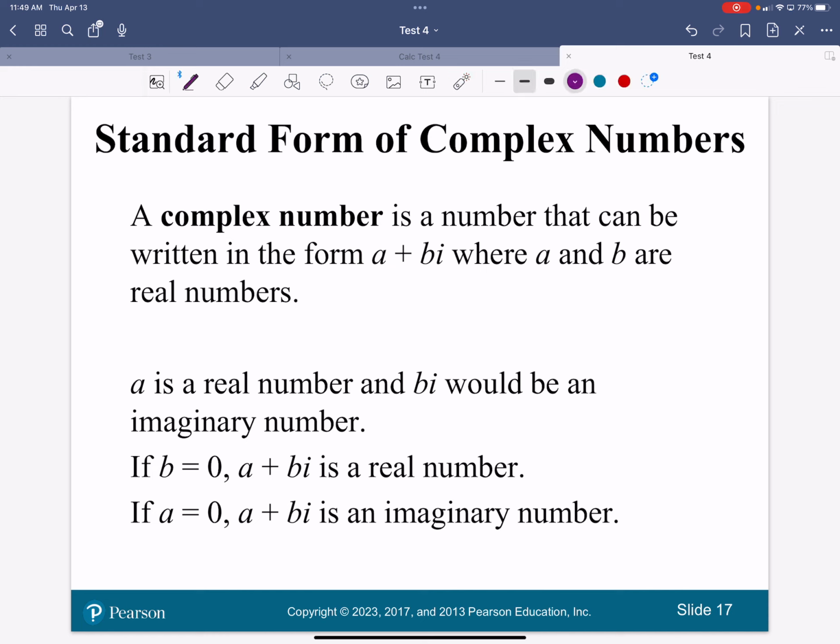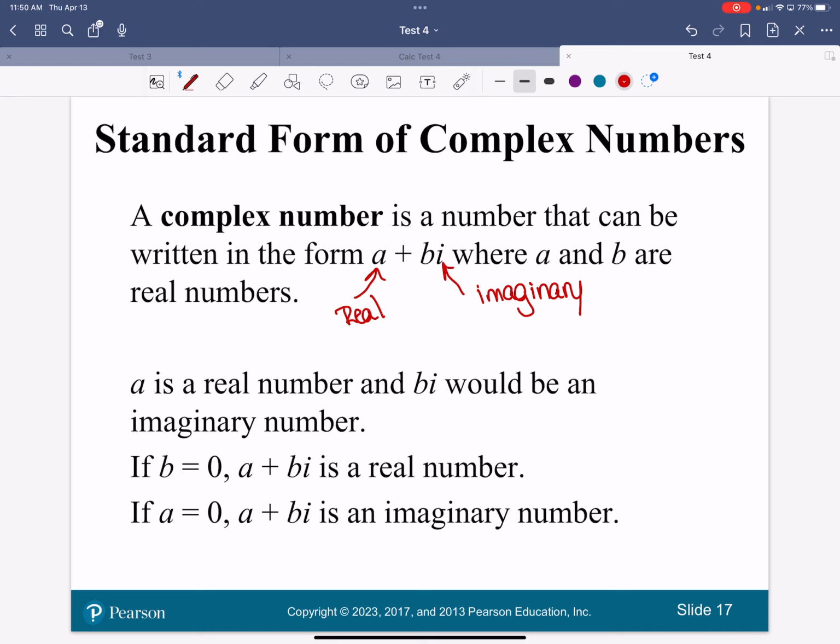So this is going to be a real number, this part. And this is going to be our imaginary part because the i is in it. Okay? A is the real number and the bi is the imaginary part. b is a coefficient in front of i.